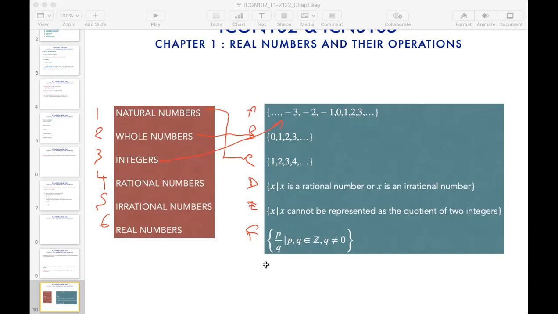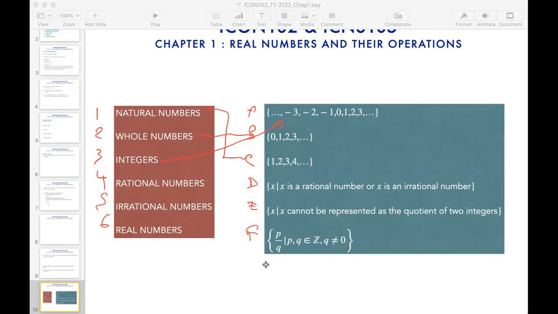Question 4, this one, right? So let's see, rational numbers.